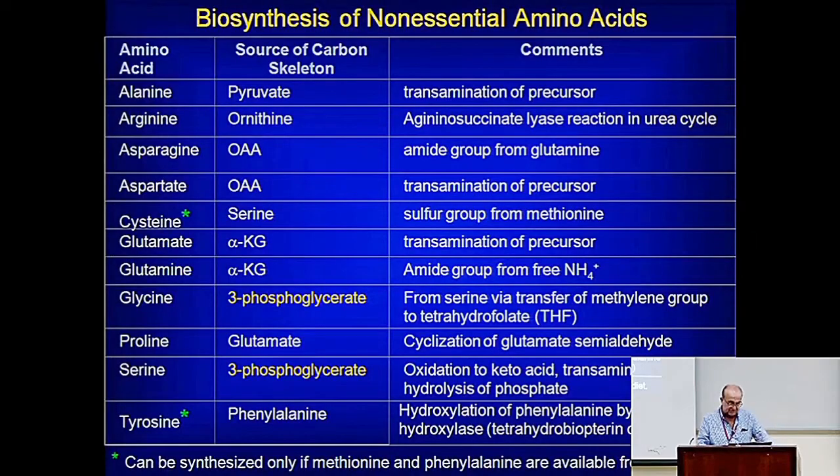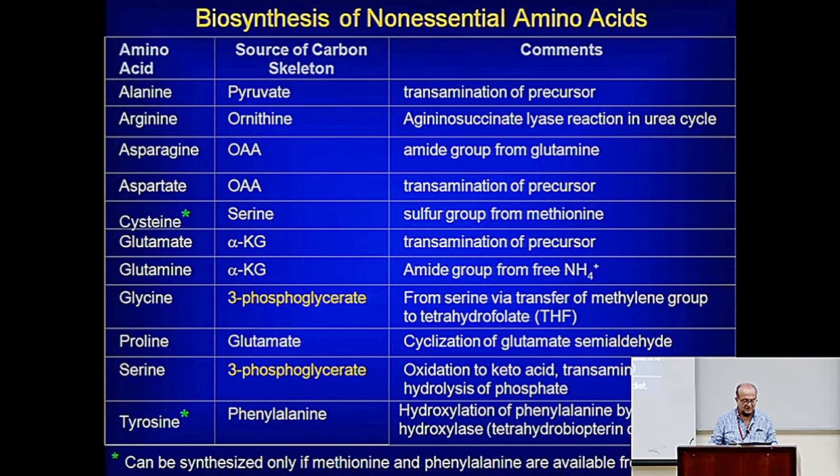I want you to appreciate that non-essential amino acids are the ones that we can synthesize, and there are really about 10 of them. Okay? So in many cases, they are the reverse of degradation.